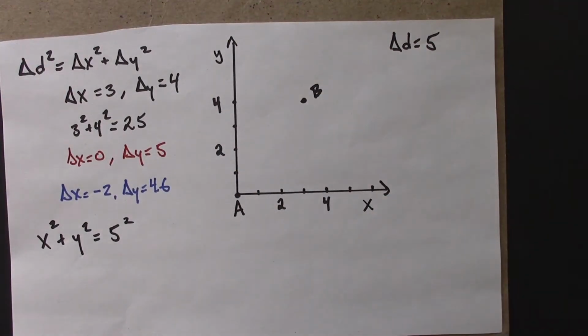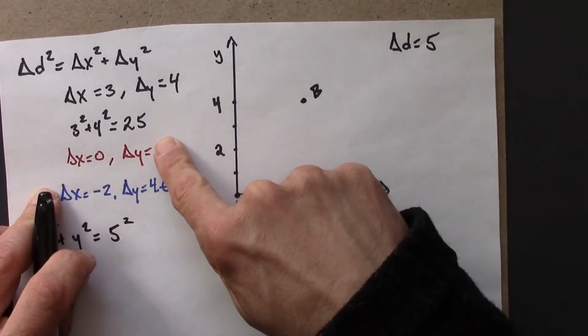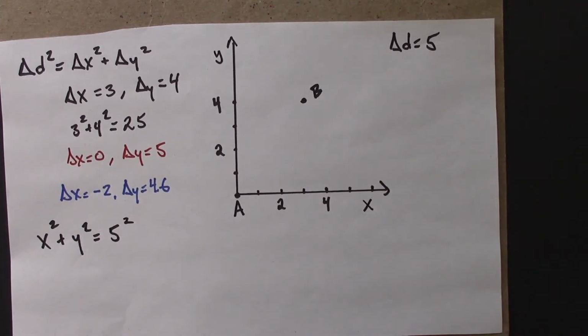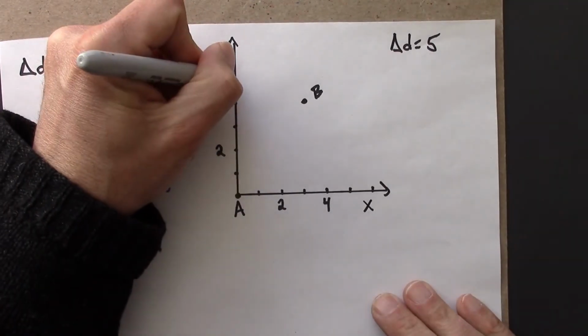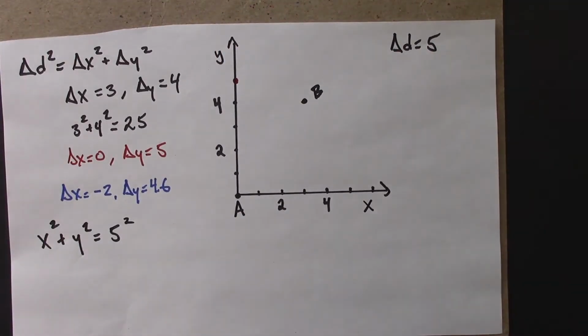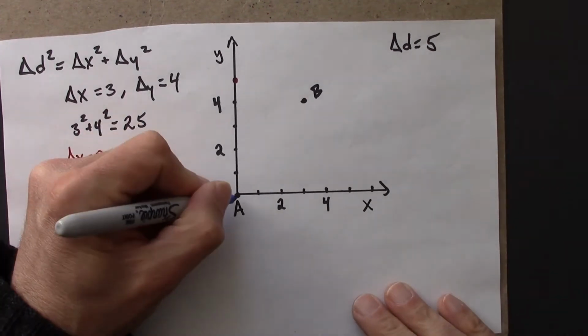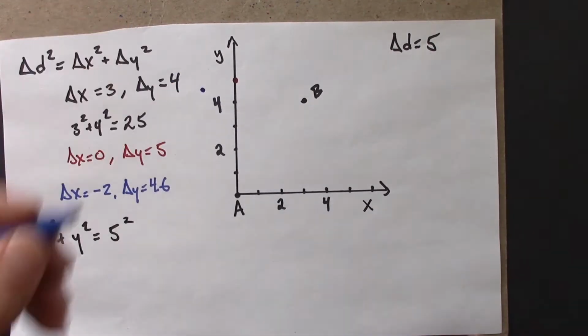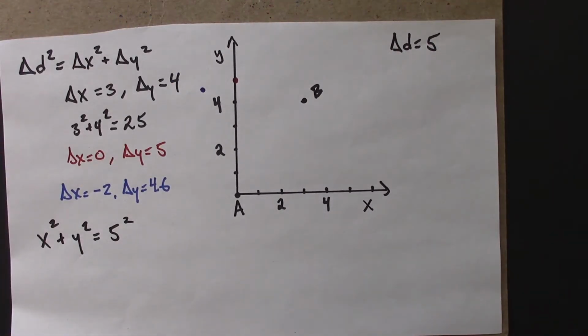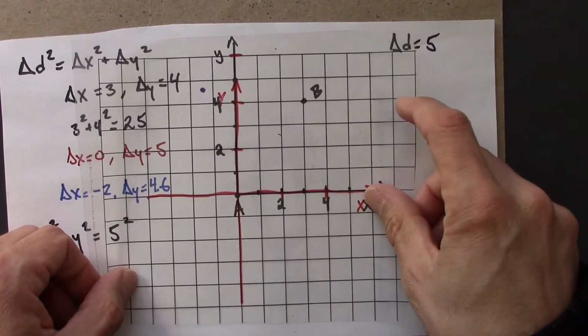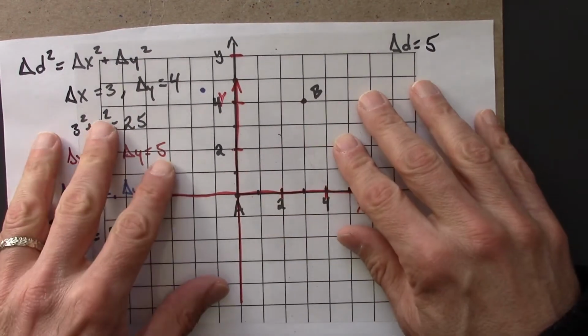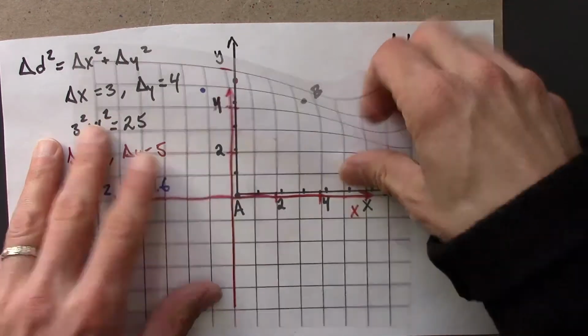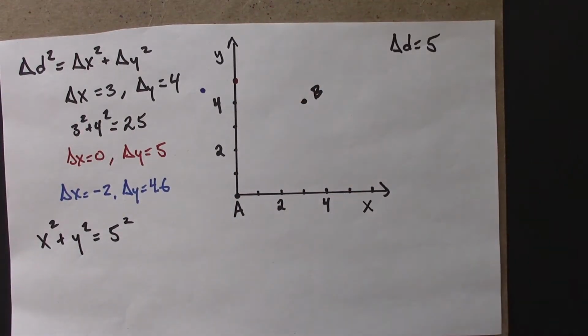So what that would look like, when I plot these points, 0 and 5, 0 and 5, minus 2 and 4.6. I'm going to have to go off the graph here. If I went this way, 1, 2, and then 4.6. And if I graphed all the possible coordinate pairs that would correspond to this point B as I rotated this around, what I would get is a circle of radius 5.